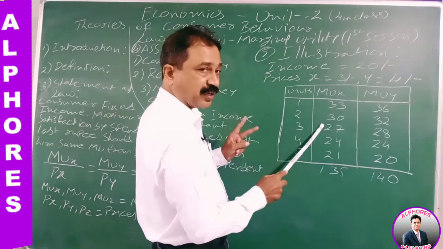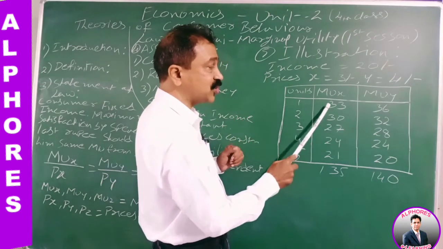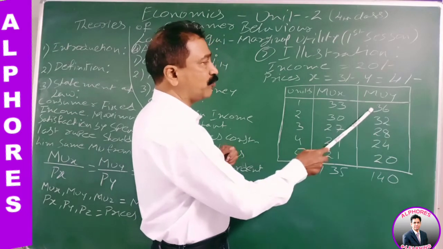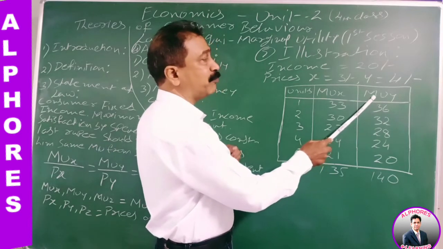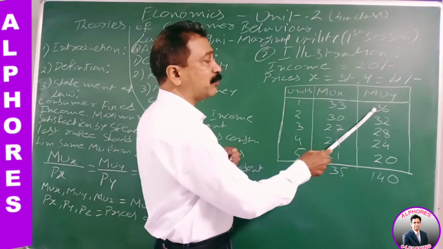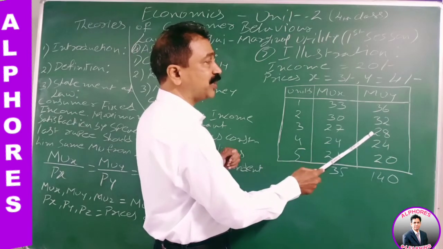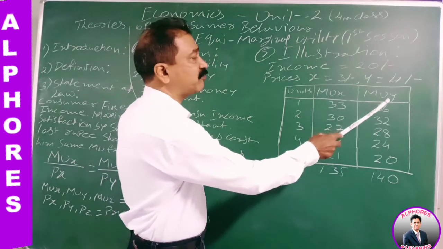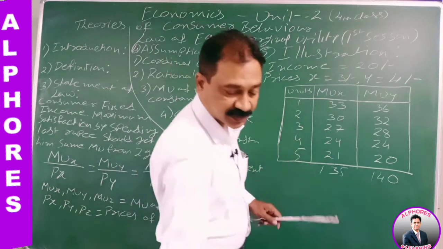The second starts diminishing; out of 2 commodities, you will get 63 utils. At the same time, if you purchase the Y commodity, the marginal utility of the first is 36, second 32, third 28. In this way, the marginal utility of X is decreasing and that of Y is also decreasing. This is the worth of 4 rupees, this is 3 rupees.